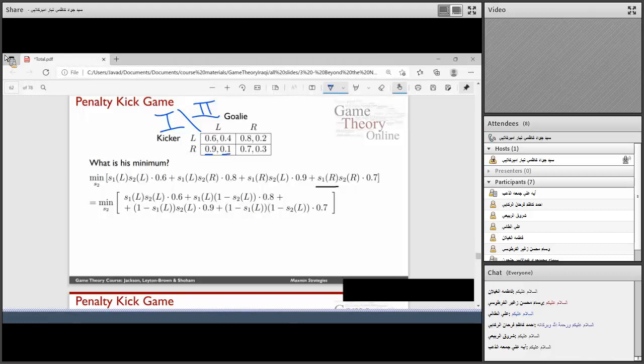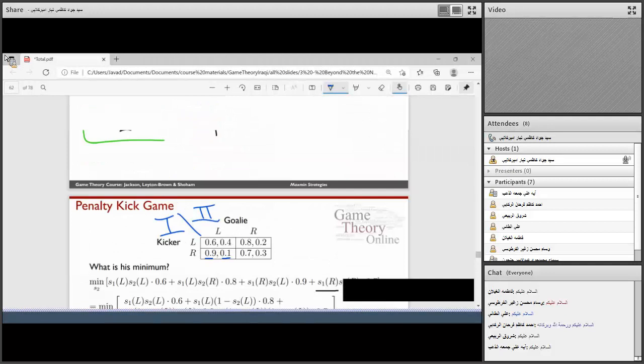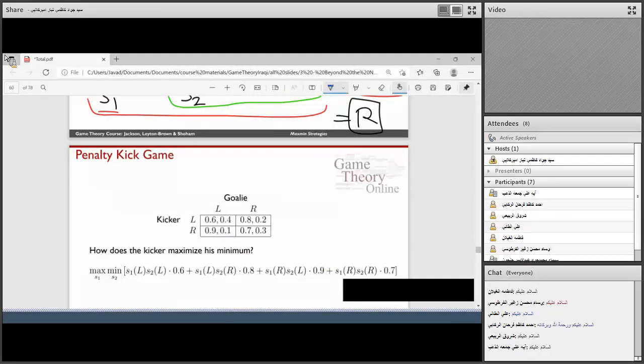The kicker wants to maximize his payoff, and the goalie wants to minimize the kicker's payoff. Okay, so we're interested in a min-max problem or a max-min problem. Let's review that one more time.